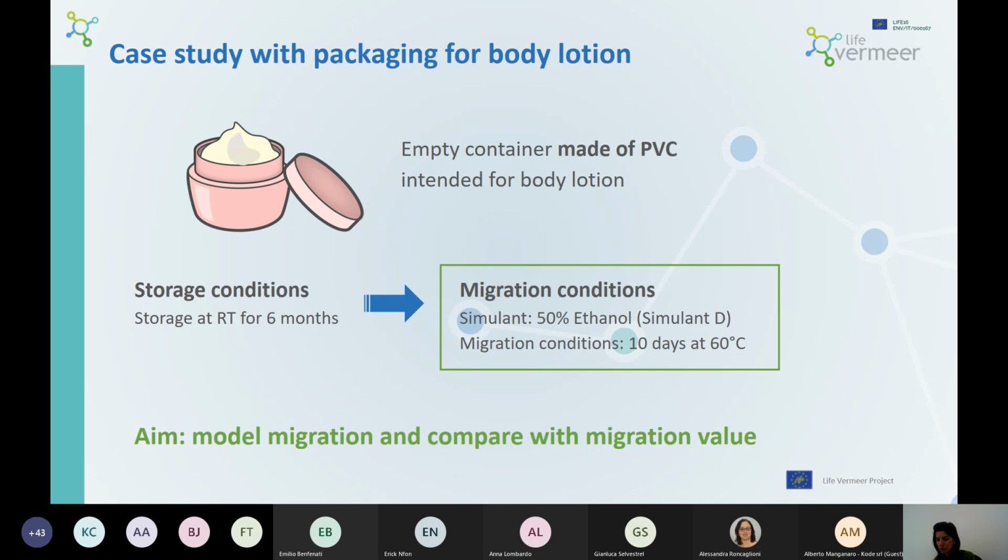So what we wanted to do was to compare the outcome of our migration model with the outcome of migration experiments. The migration experiments were performed with a simulant of 50% ethanol to mimic the body lotion, and the experiments were performed for 10 days at 60 degrees.